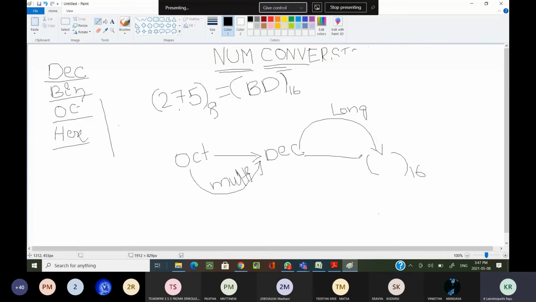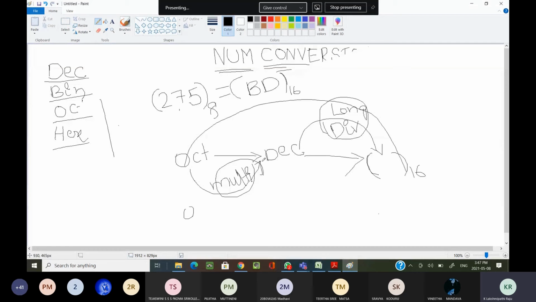But here so many calculations are there, and sometimes unknowingly we are making mistakes while multiplying as well as while dividing. This is the second procedure, and in this way also you can convert an octal number into a hexadecimal number.